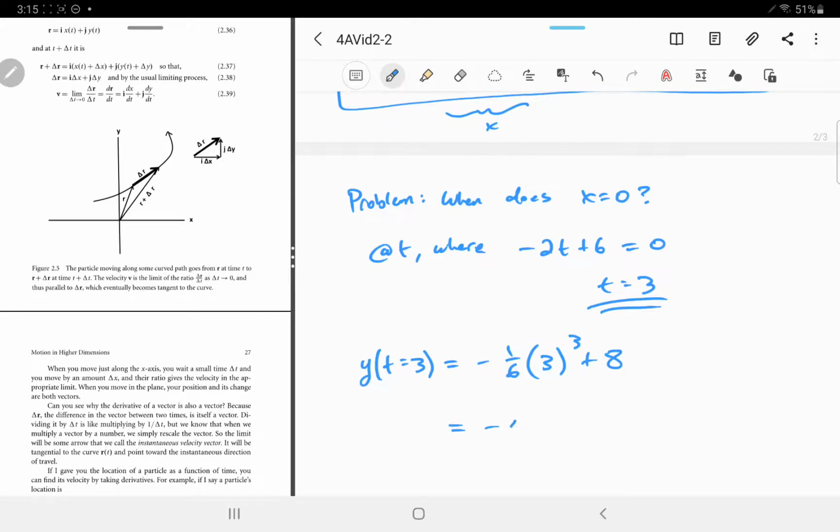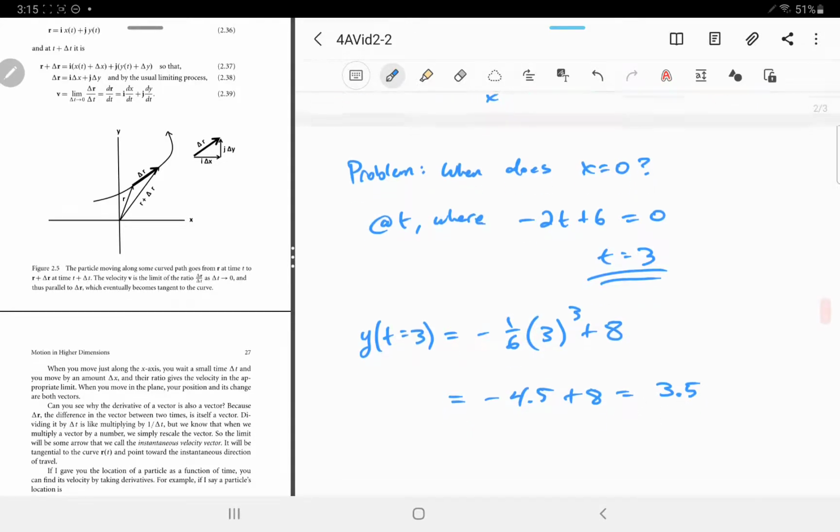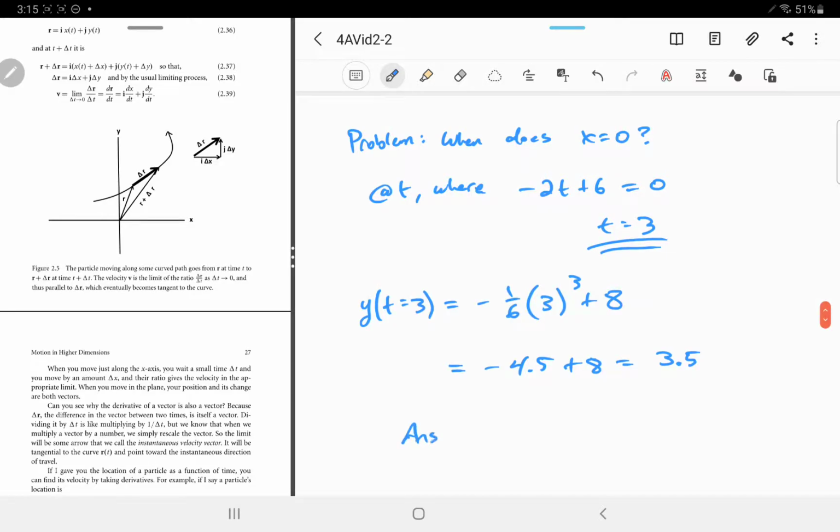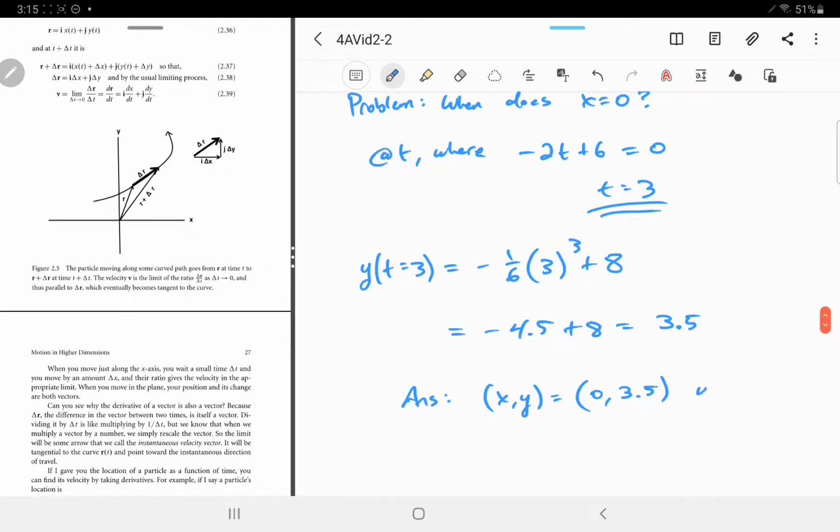Is that right? Negative 4.5 plus 8 looks like it's 3.5. So the answer is that the particle crosses the y-axis at position 0, 3.5 when t equals 3 seconds. That's our overall final answer.